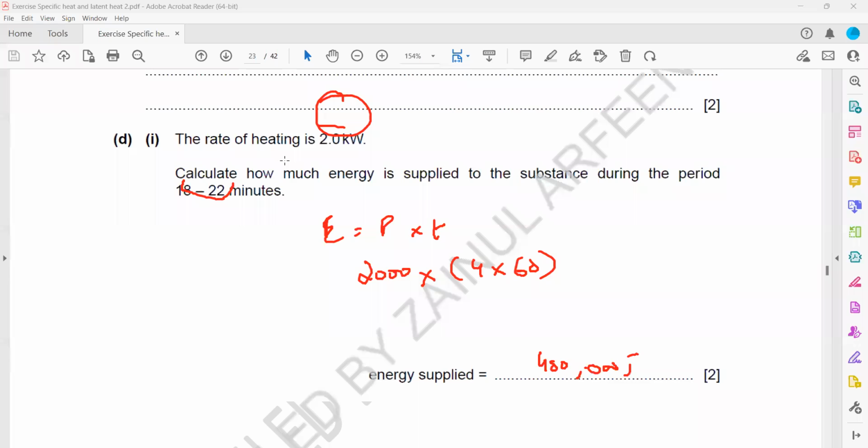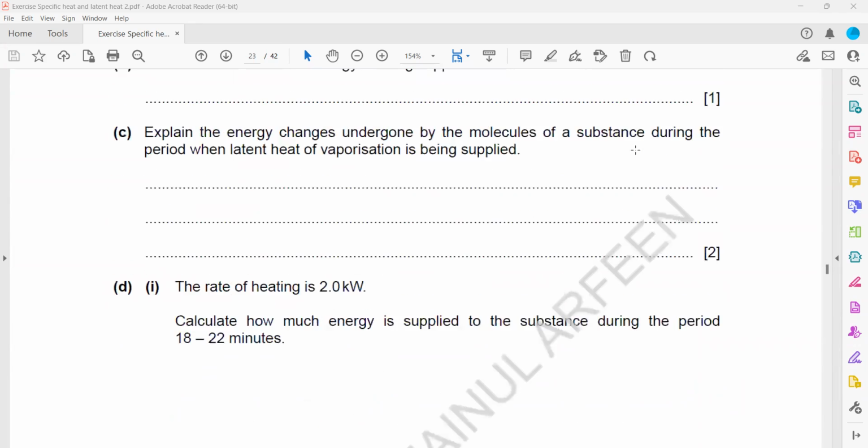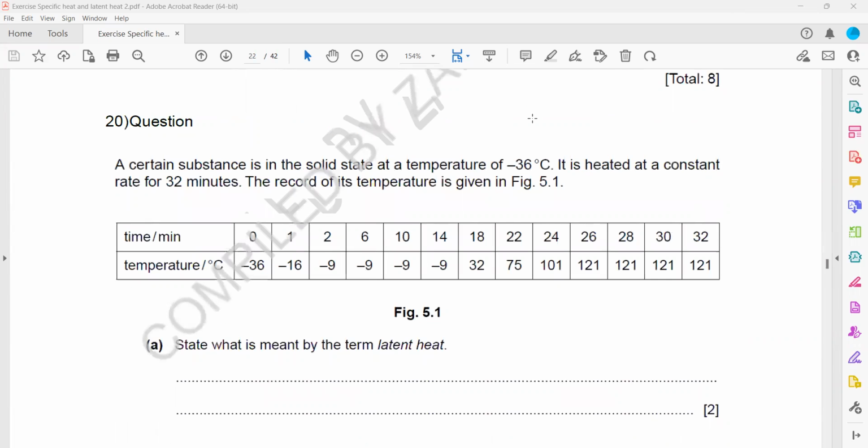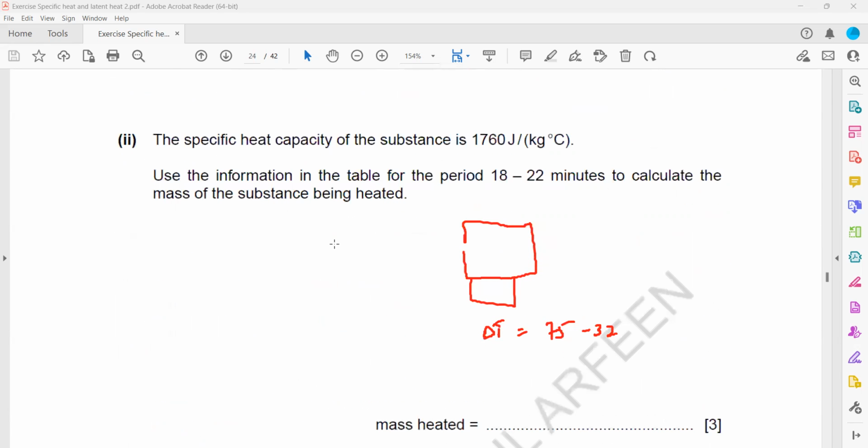And that energy supplied is used to change the temperature. The specific heat capacity is given, so the energy which we supply causes a temperature change. How much is the temperature change from 8 to 22 minutes? The temperature change will be 75 minus 32. So we'll use the formula E equals Cm delta T. We substitute 480,000 for E. The specific heat is 1760.